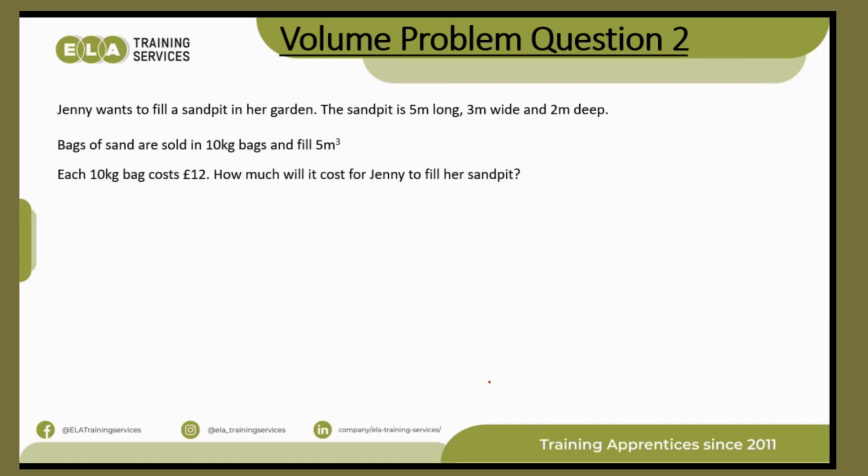Right, so first we've got to work out the volume. So we've got our 3 measurements here. So we're going to do 5 times 3 times 2, which is 30 meters cubed is our volume. Now we know that bags of sand are sold in 10-kilogram bags and fill 5 meters cubed. So we need to work out how many 5 meters cubed are in 30.